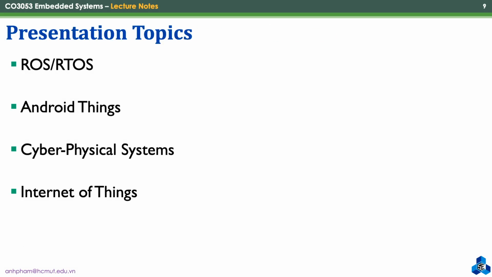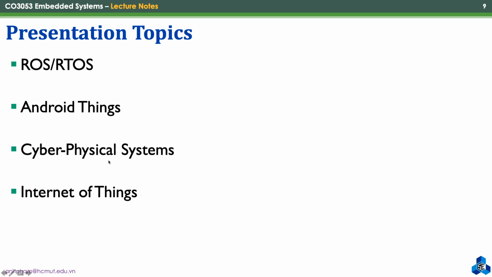The topics I will present in this course also include robot operating system and real-time operating system. Android is a very useful operating system developed by Google, and you can integrate Android applications in this operating system easily.